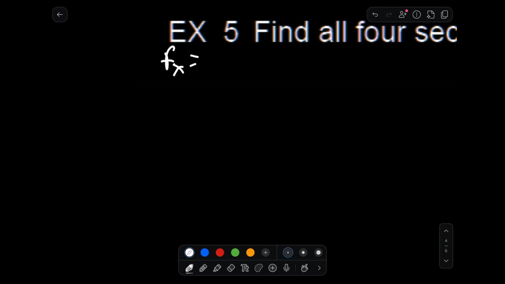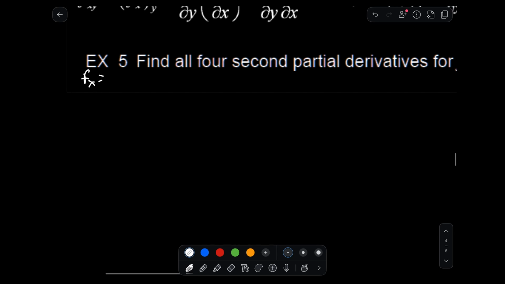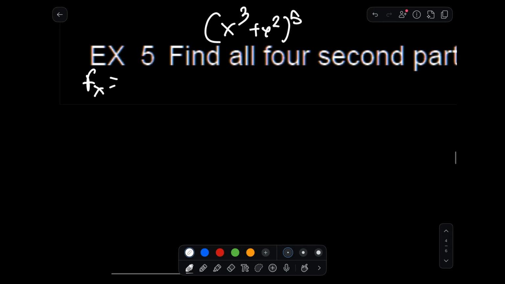Okay, and then let me just lift it up a little bit. Let me just write it right here. Okay, so I'm going to do 5 times this, multiply by x, derivative of x cubed.